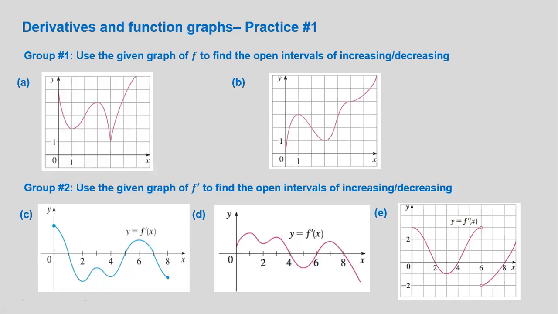The difference between the group 1 graphs and the group 2 graphs is that group 1 shows the function f of x, and group 2 shows the graph of the first derivative, f prime x. I want to find the open intervals where the original function is increasing or decreasing.